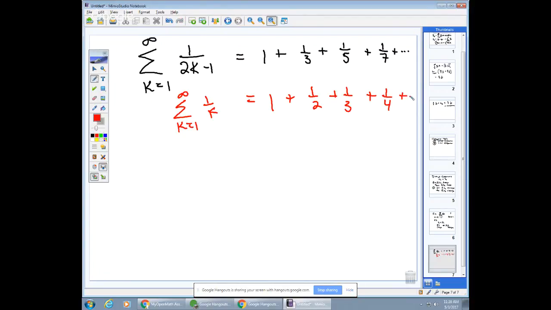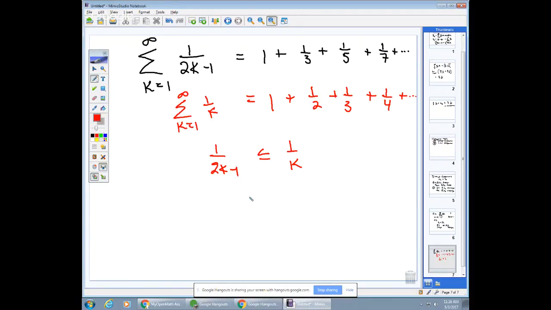So how do these compare? Well, at first we're the same, but then once I move on to the second term here, I have that the black series is smaller. Okay, so I have 1 over 2k minus 1 is less than or equal to, by observation, 1 over k. And I know the 1 over k's are divergent, but they're bigger, so that means direct comparison doesn't help here.